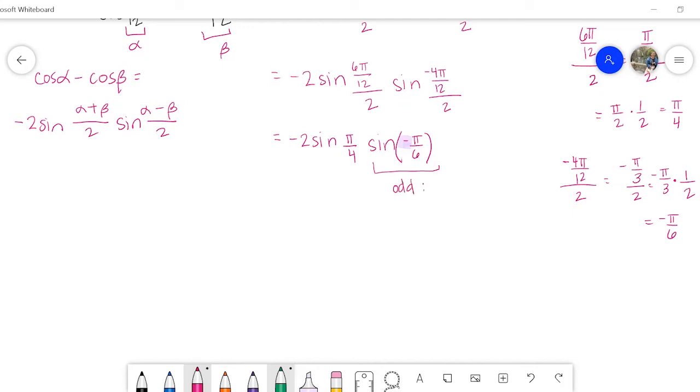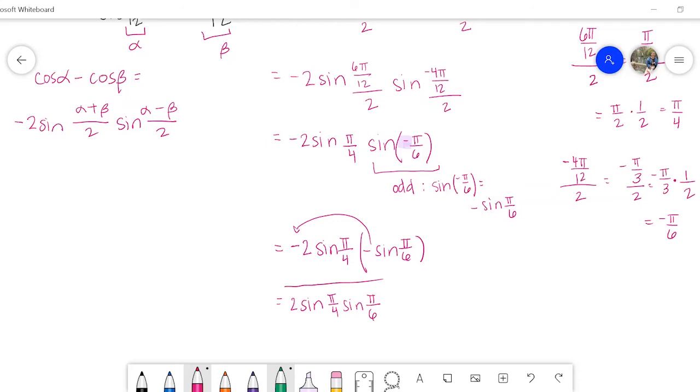And so that means that sine of negative pi over 6 is the same as negative sine of pi over 6. So this gives us negative 2 sine pi over 4 times negative sine pi over 6. And I'm going to move that negative out front and ultimately have a positive answer.